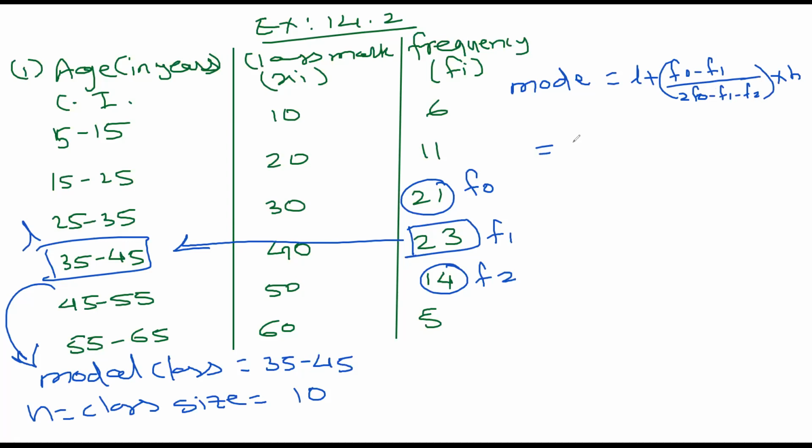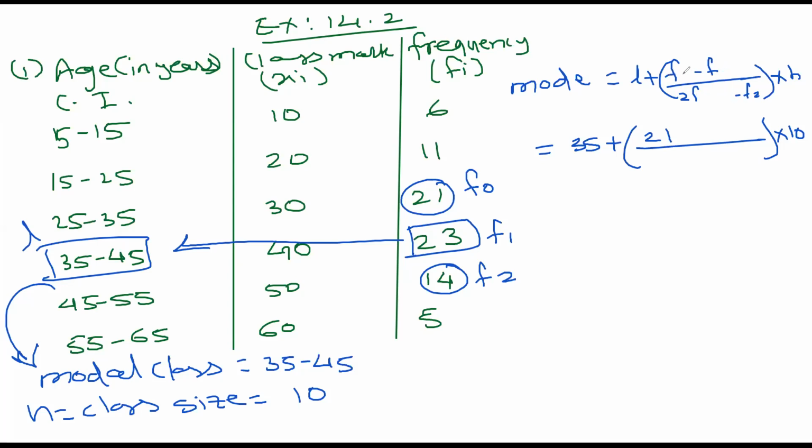We have L 35 plus, into 10, इकडे येणार आहे. f0 21, sorry, f1 minus f0 ना. एक मिनिट आहे, थोडंसं उलट लिहिलं मी.